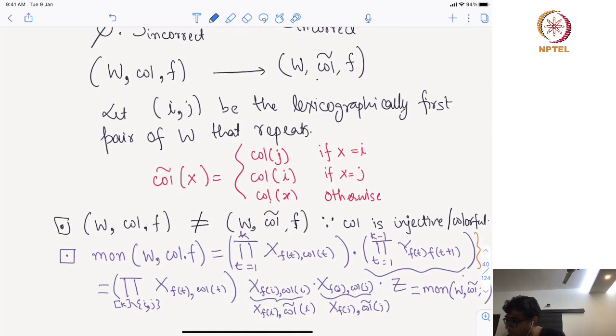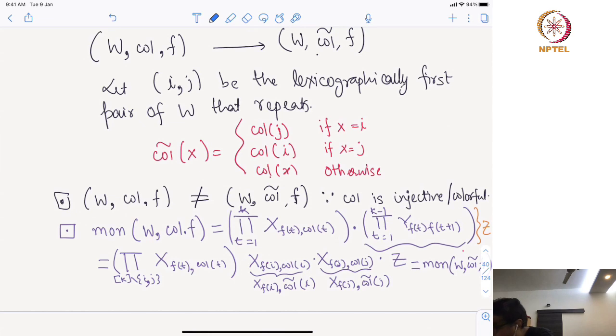But now let's write down their monomials. What is the monomial of (W, col, f)? It is the product over t from 1 to k of x_{f(t), col(t)} and the edges. Let's call the edge term z, because edges in this walk are not going to change.